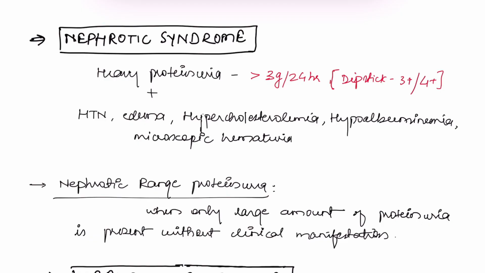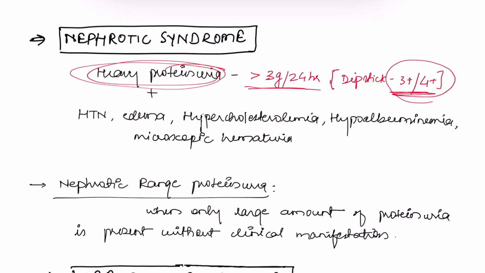Now let's quickly discuss the major features of nephrotic syndrome. There will be heavy proteinuria, that is more than 3 grams in 24 hours, and on dipstick you will see +3 or +4. Whenever you see +3 or +4 on dipstick, that is nephrotic proteinuria.